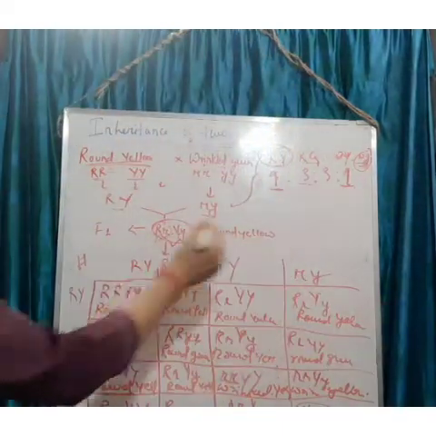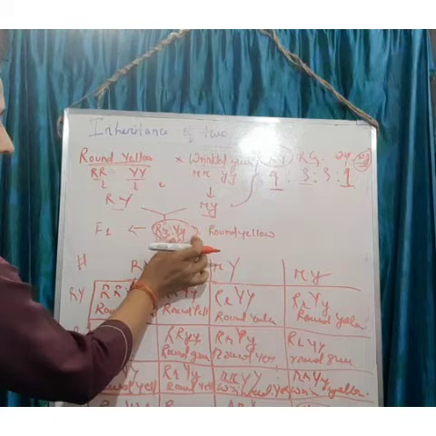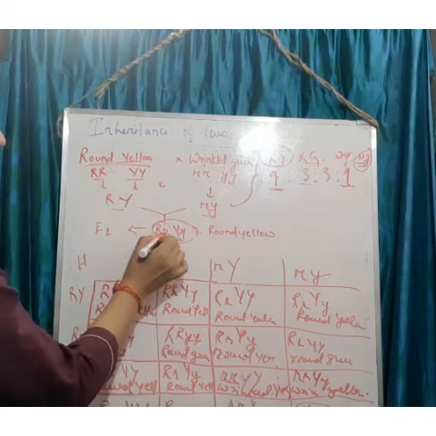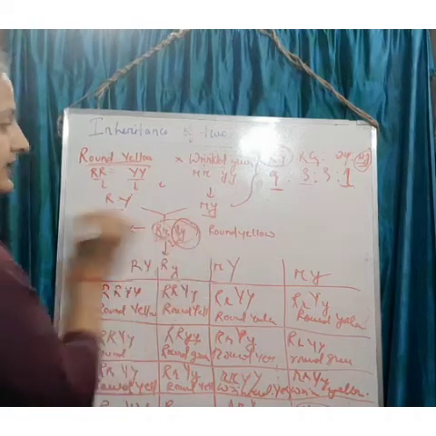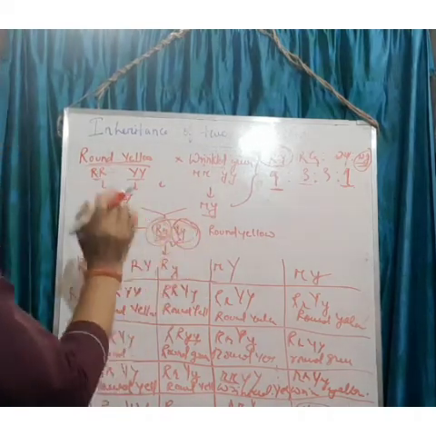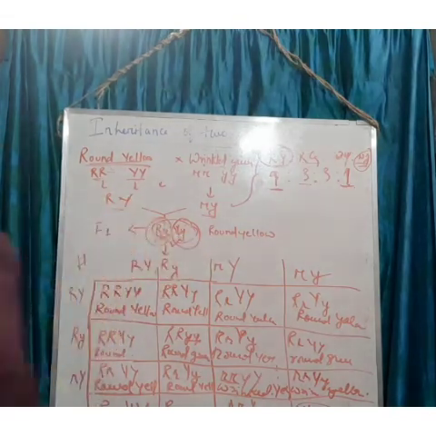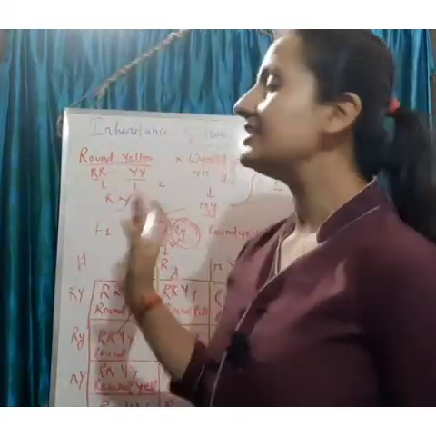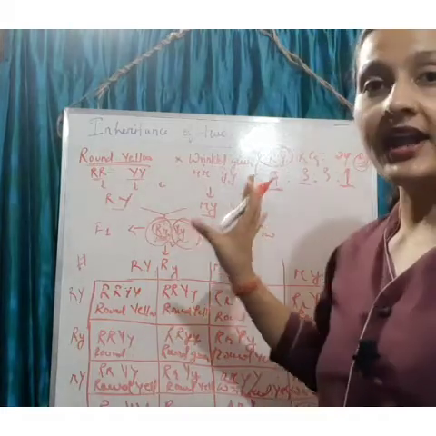So when this pair gets segregated from this, they are independent of each other. It doesn't mean that their traits depend on this. The pair of alleles are independent of each other, and this is called your law of independent assortment. And this cross is called your dihybrid cross.